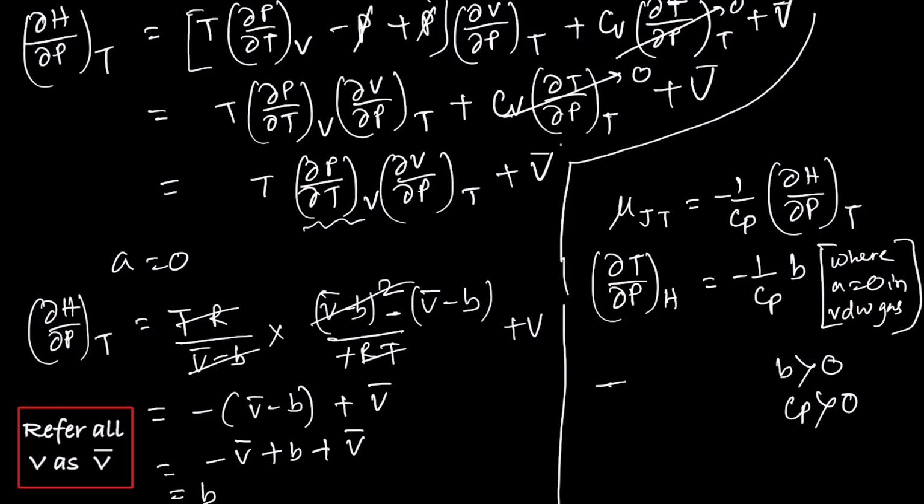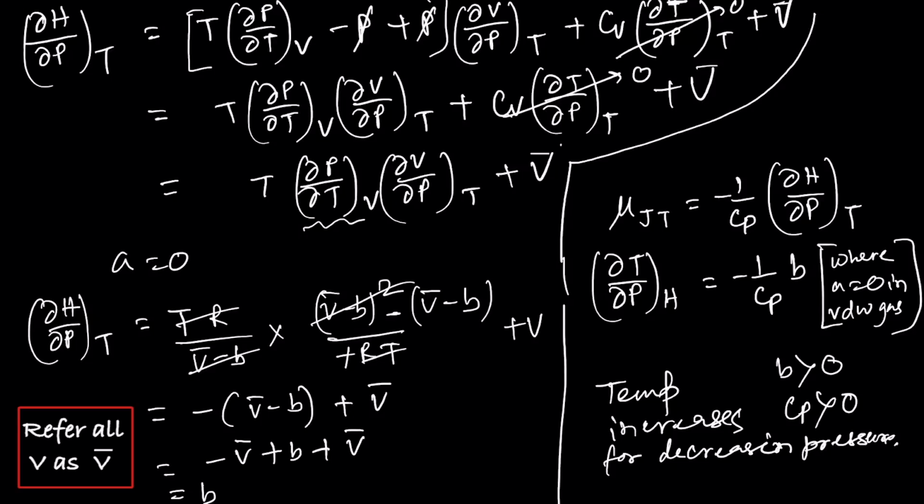The Joule-Thomson coefficient is not always going to give you a decrease. That is the interesting point here: temperature increases for a decrease in pressure in this particular case.